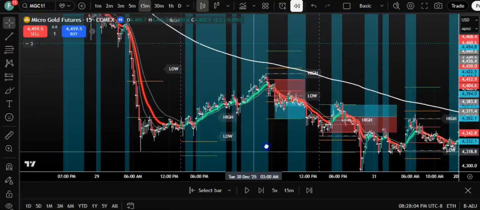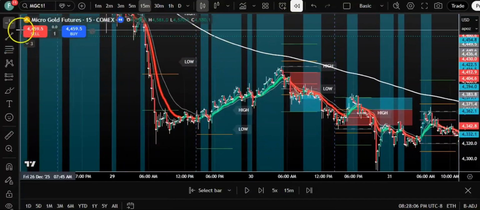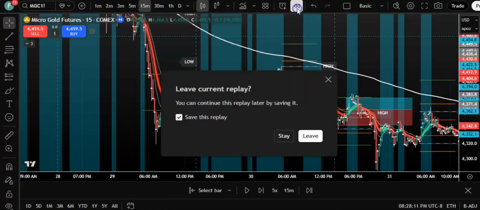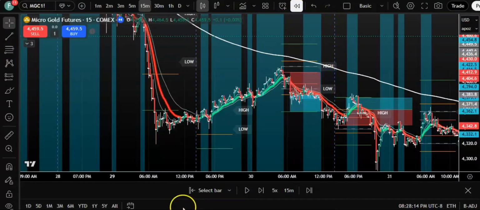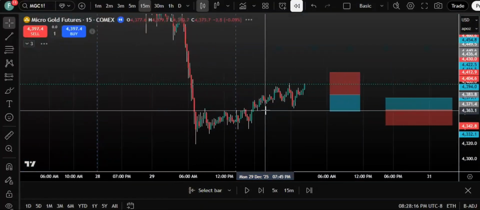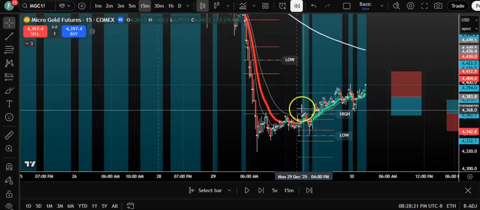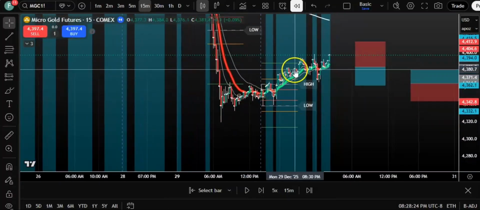Let's keep going. I want to get through a lot of these so you guys can see. Because I really want you guys to see the picture of this. This one hit TP.